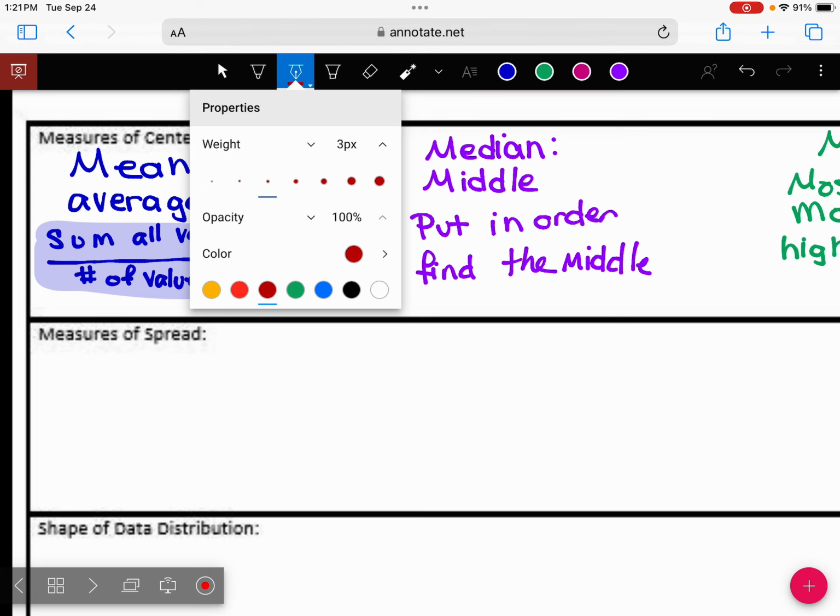Like the Rockettes, the girls who dance for the Thanksgiving show right before the football game. Their heights are really similar because they have to be between 5'9" and 5'11" to be in the dance group. So their center is going to be right at that 5'10", and their spread's going to be really small. They're going to be real close together.